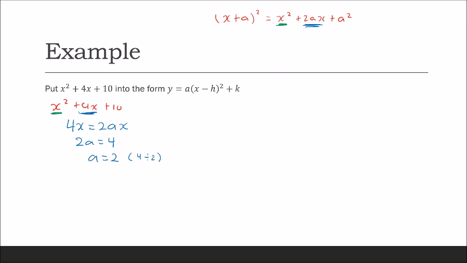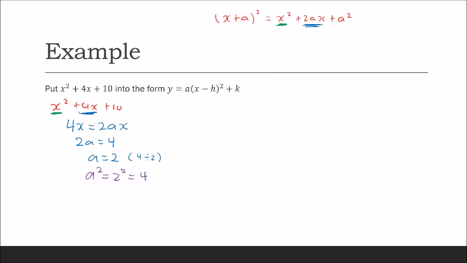So a is equal to 2, and I know that I have two of my parts up here, my green and my blue. However, my purple one is not the same as this a squared. We want to try and get it to be the same thing. So what should my a squared look like? 2 squared is equal to 4.